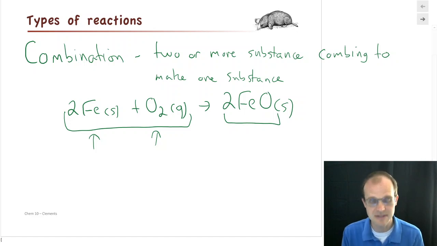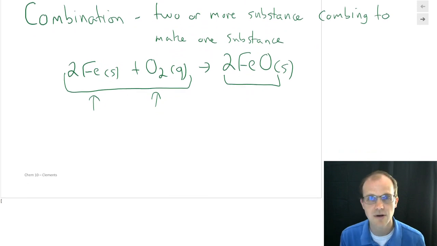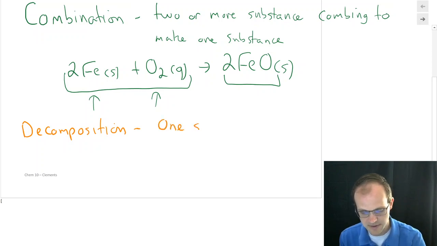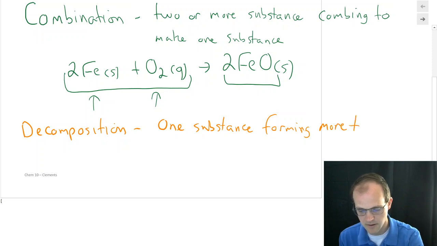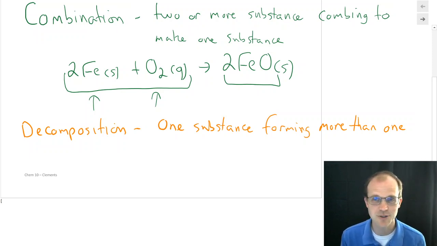Now we can also have the opposite of that. We can have when one thing falls apart into two or more things, and we call that a decomposition reaction. There you have one substance forming more than one substance. What's an example of that? Well, the opposite of the reaction we just did.